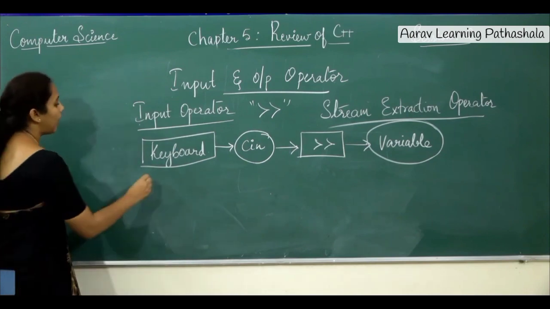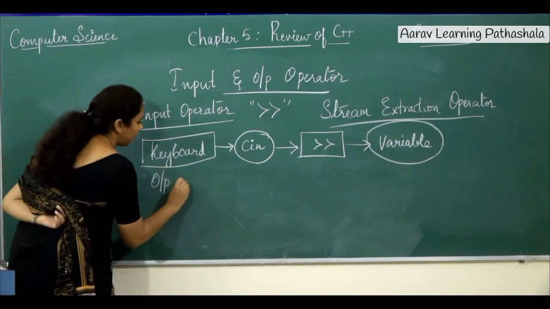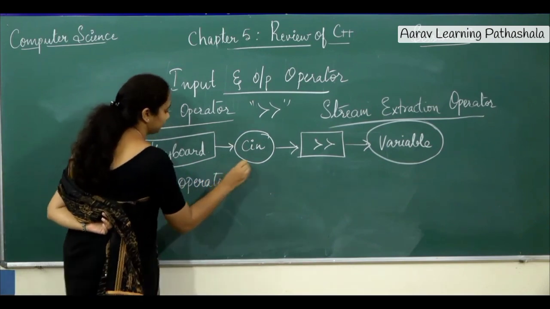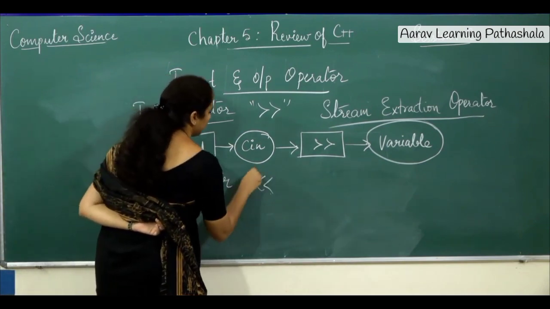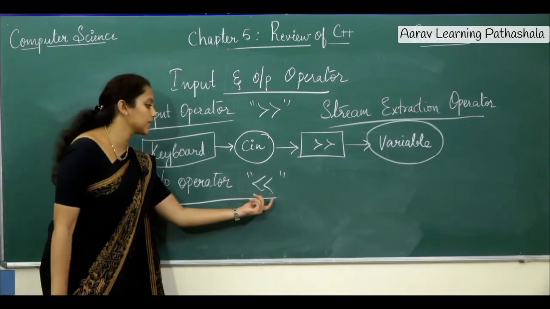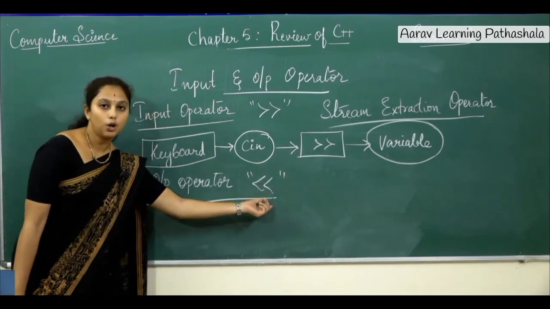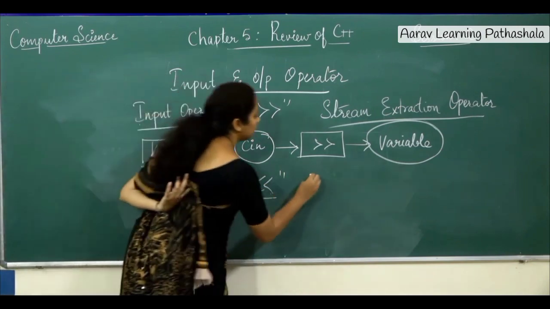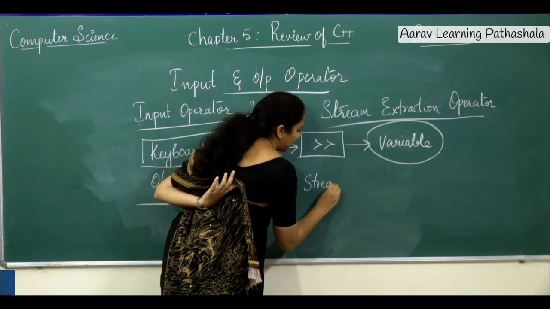Next is the output operator. Which symbol are we going to use for the output operator? This is the symbol we are going to use for the output operator. It is also called the stream insertion operator.